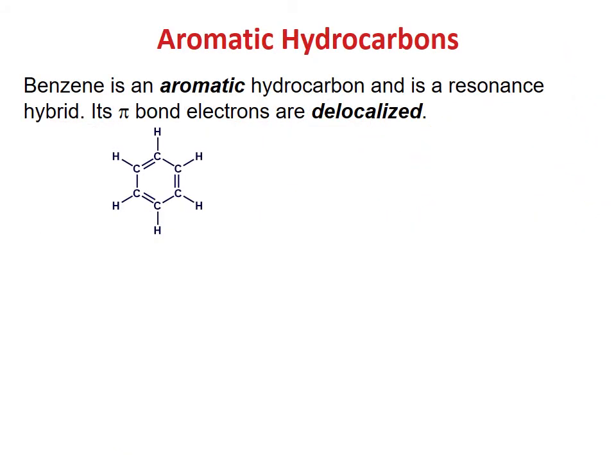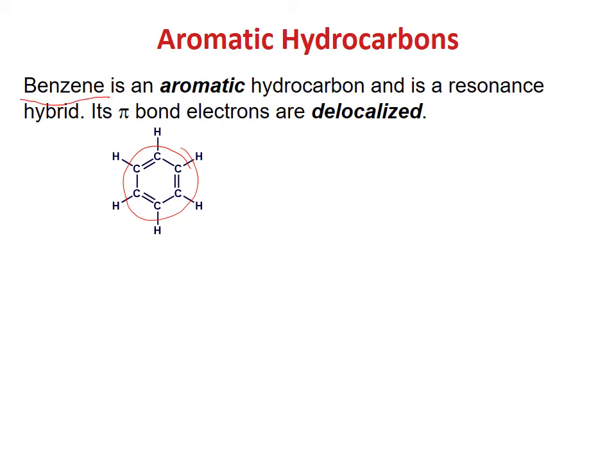We showed that hydrocarbons containing carbon-carbon double bonds are called alkenes. There's an exception. A six-membered ring with alternating double bonds and single bonds is not an alkene. Instead, it's called benzene.